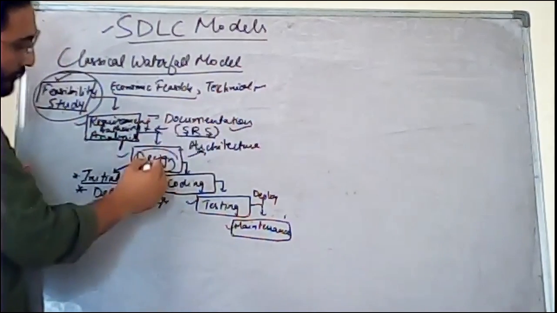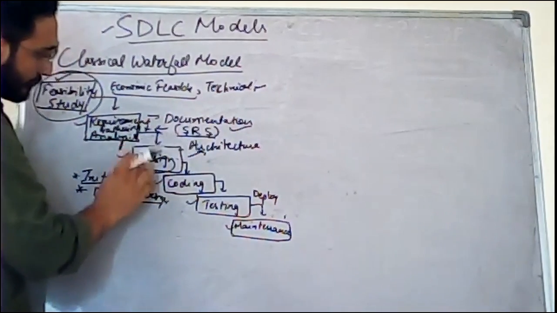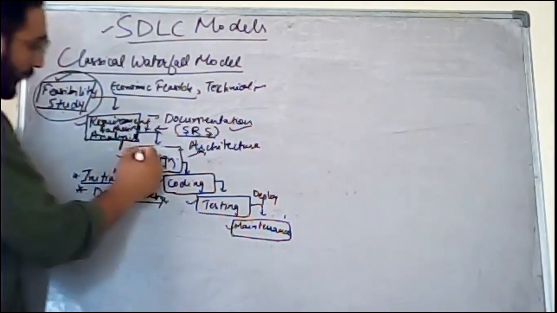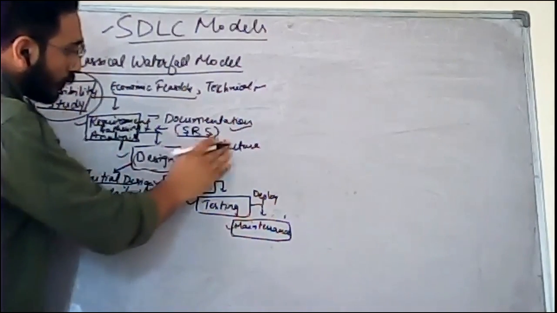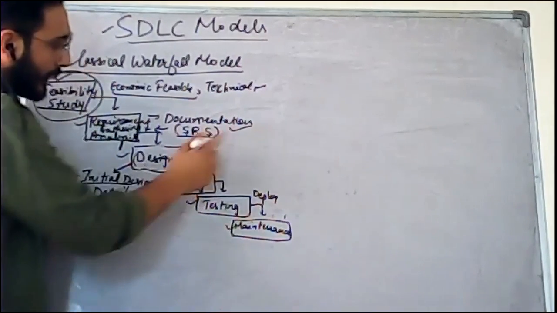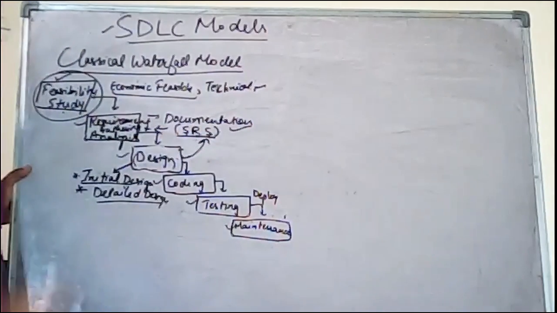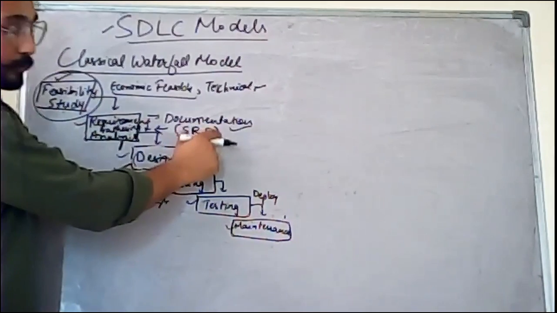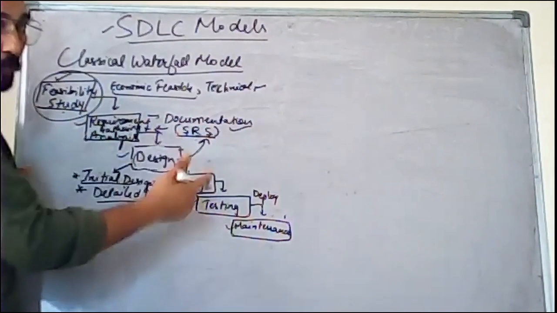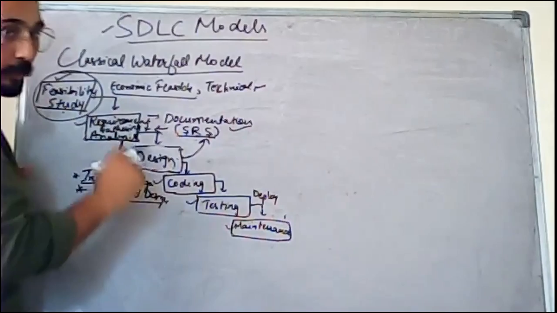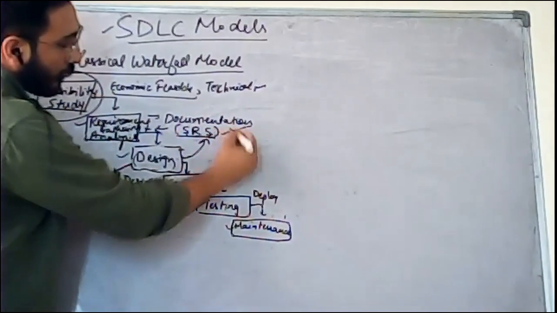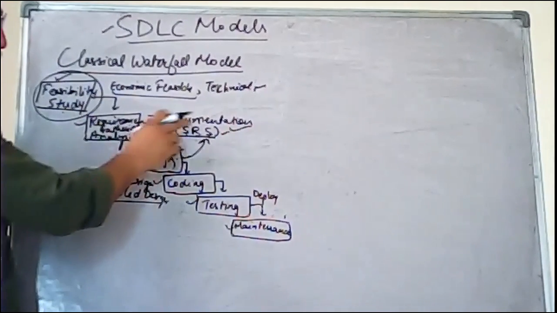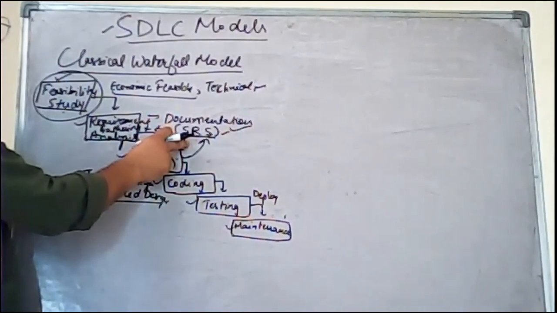Then when we go to the design phase, the team member who will create the design will follow the SRS. Design should be created according to the points written in that document, the software requirement specification.